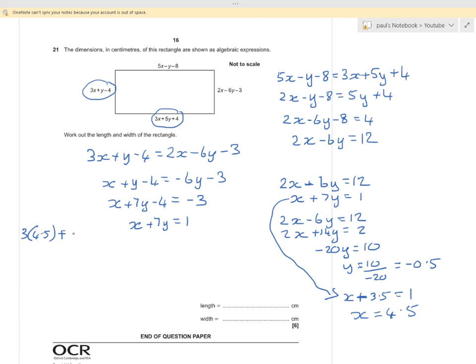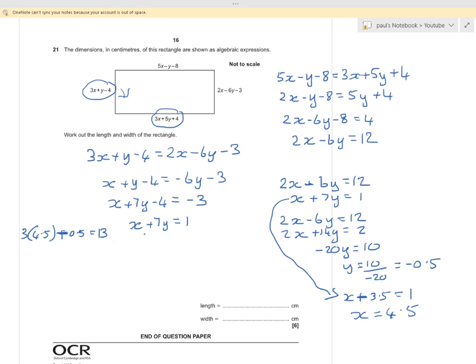What did I say y was? Minus 0.5. That's a minus. Equals that one. So 3 times 4.5 is 13.5 minus 0.5, and I've got 13. I don't think I've got this right somehow.